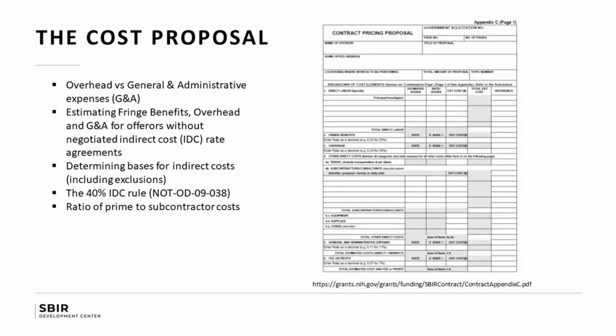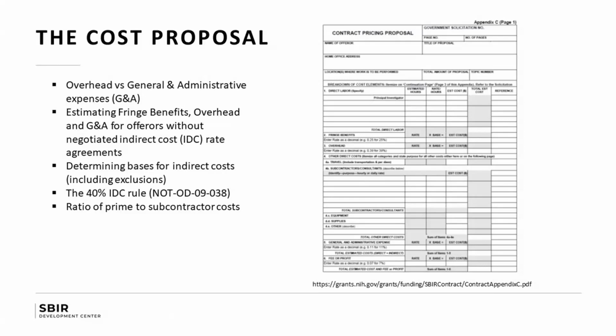And if that ratio is 66.7 or 66.67% or higher, then that has satisfied that ratio. If it is below that, I will ask the proposer to rebalance their costs so that 2/3 of the effort does go to the prime contractor or offeror. For Phase II, that ratio is half. And that brings me to my next slide, please, Reema.